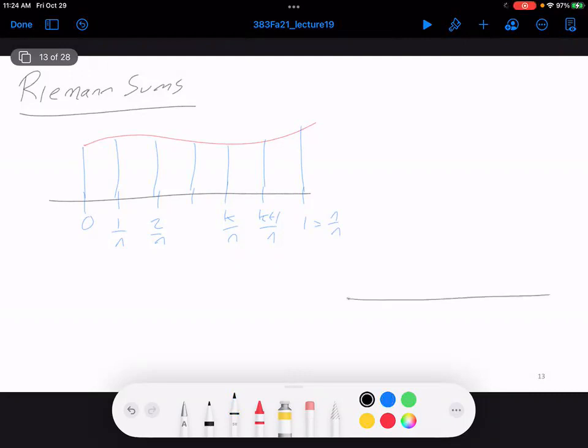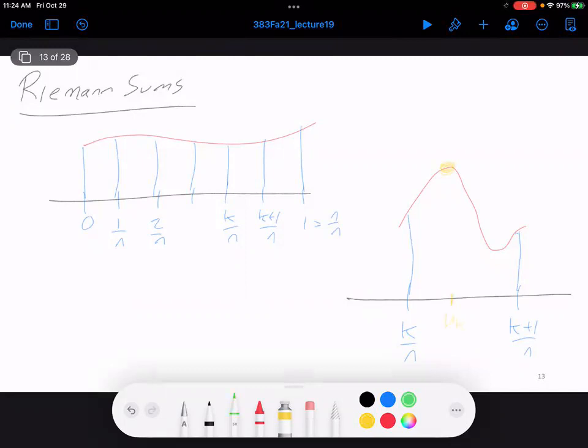So I'm going to just zoom in on one section. Here is k over n. Here is k plus 1 over n. I'm going to deliberately draw a wild function. And so here is my function. What I can do is look and see at what point my function is largest, and I'll call this point u_k.